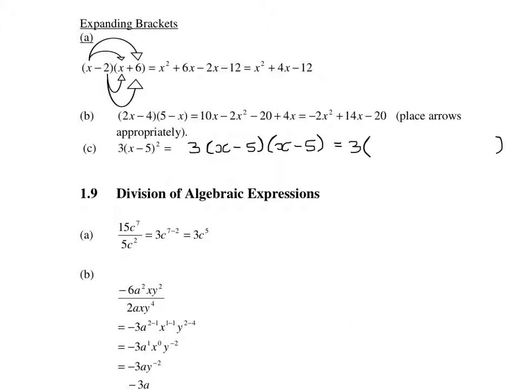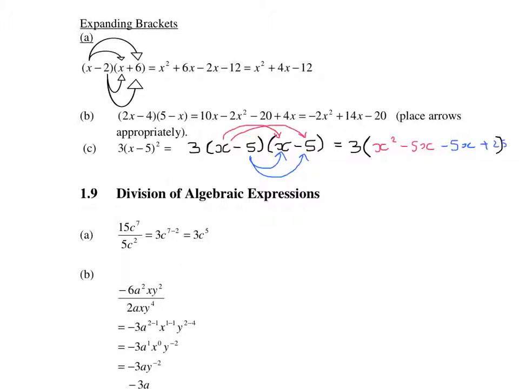Now expand the 2 brackets, so we'll have, I'll use a different colour for this, x times x, x times negative 5, which will be x squared minus 5x. And then along the bottom, negative 5 times x, which is negative 5x. Negative 5 times negative 5 is positive 25.